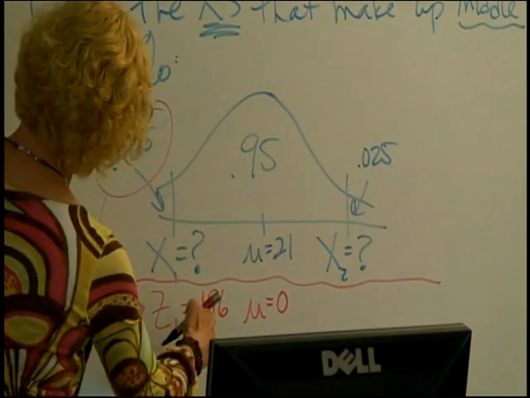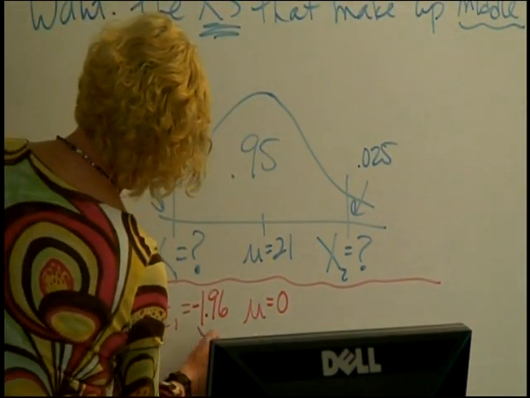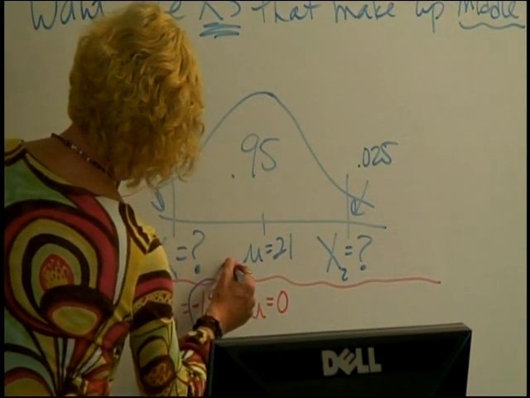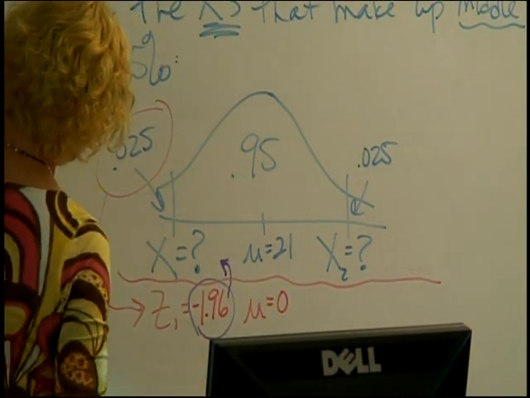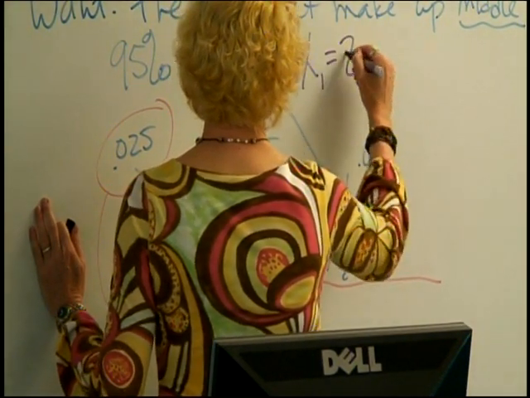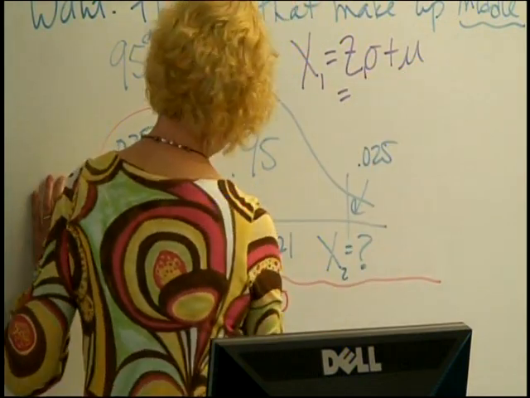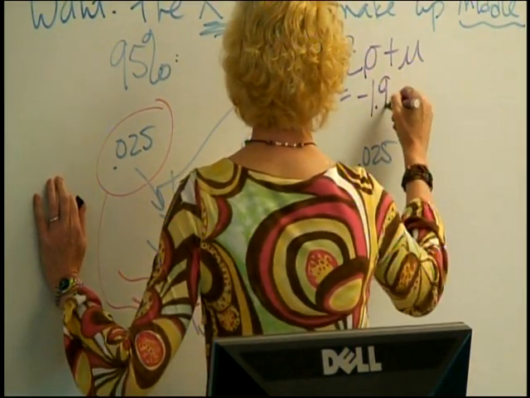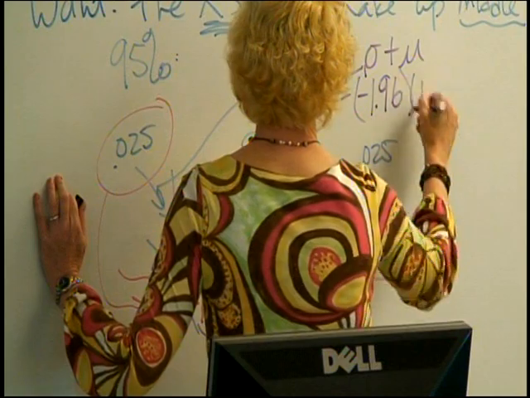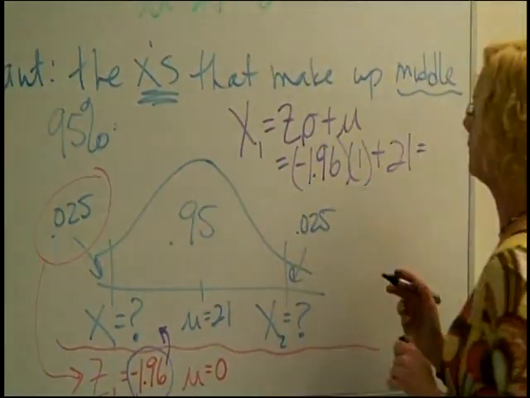Okay, and then we're going to run this through the backwards z formula to find the corresponding x. So x1 equals z1 times sigma plus mu. So negative 1.96 times the standard deviation of 1 plus the mean of 21.